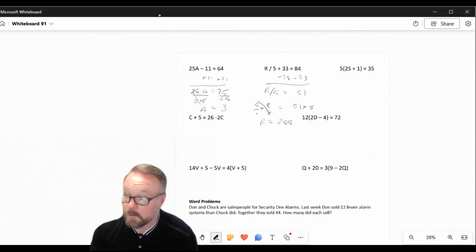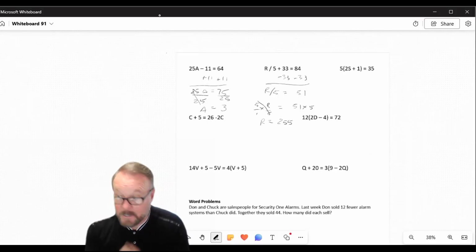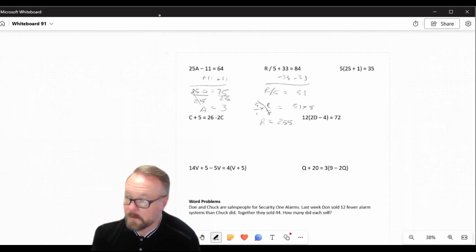All right, now we get our first one with parentheses that we were talking about earlier. The first thing you need to do in this is get rid of the parentheses, and the way you do that is you multiply this factor 5 by 2s, and then you multiply 5 by 1, and you write them separately. So 5 times 2 is 10s plus 5 times 1 is 5 equals 35.